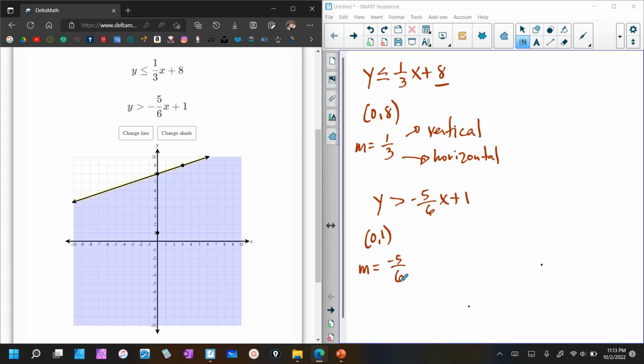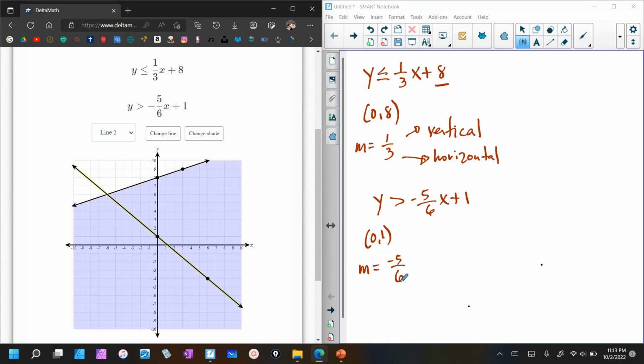That's negative 5. That's a vertical movement, the number on top. So that means 5 units downward: 1, 2, 3, 4, 5. And then 6 units to the right side: 1, 2, 3, 4, 5, 6. There you go. Now, look at the inequality symbol. Here we have a greater than symbol.